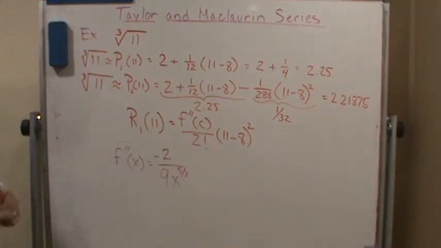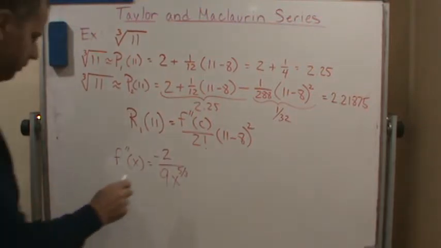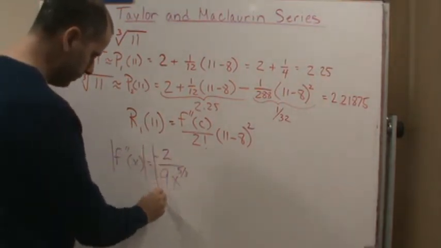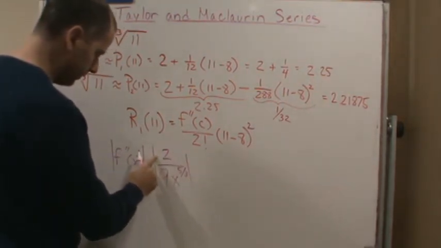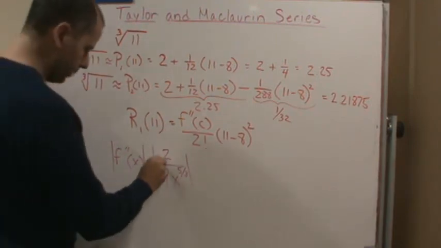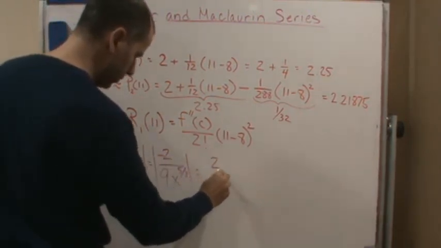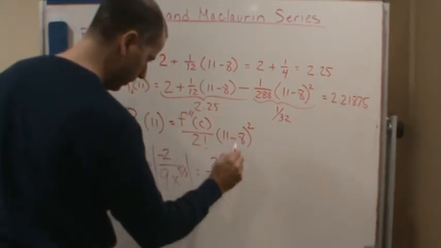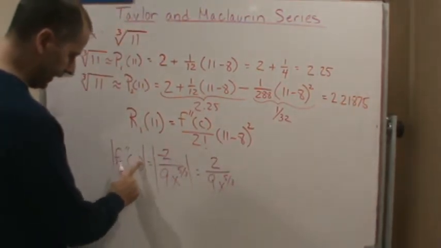Okay, so then we plug in 8 and we find out what that is. So we take the absolute value of this thing. That's going to equal 2 over 9x to the 5/3, and so we're going to plug in 8 here.